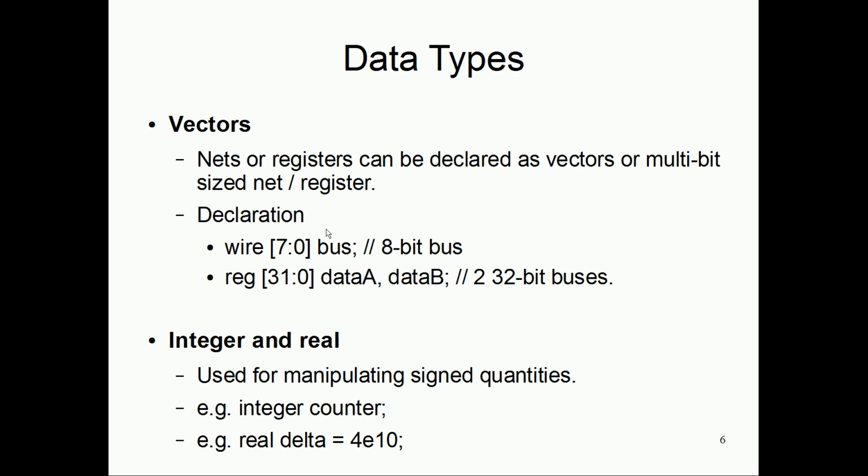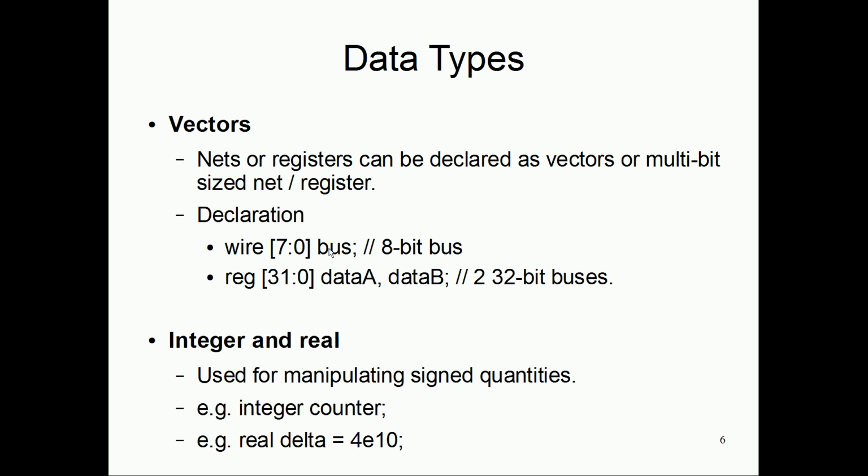Now vectors are more or less similar to an array, but beware, there is a separate array type as well. We'll see that. A vector is a way of defining or grouping a bunch of signals together within one name, and each element inside the group is referred to by an integer index number.